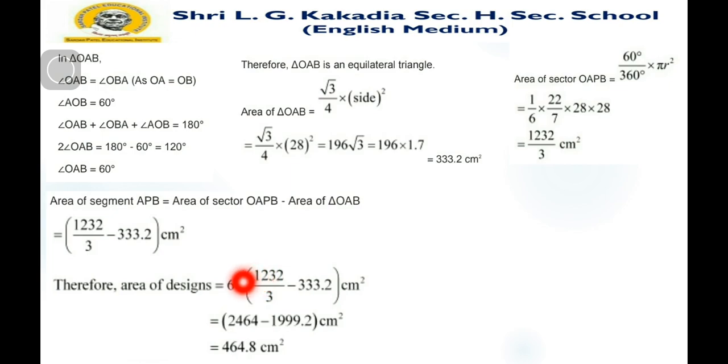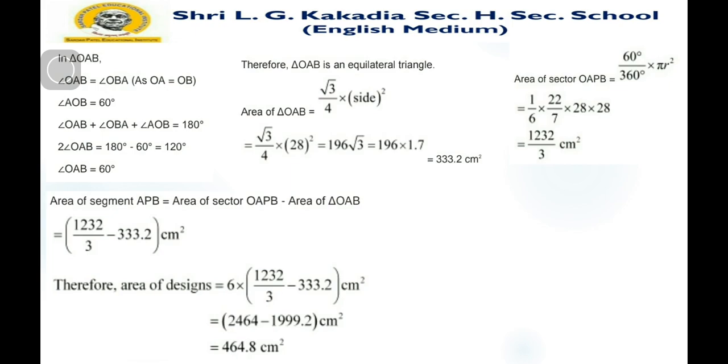After multiplying by 6 in this bracket, we find 2464 minus 1999.2 centimeters squared, and then the area of the 6 designs is 464.8 centimeters squared. This way we can solve such examples using the sector and segment of circles.